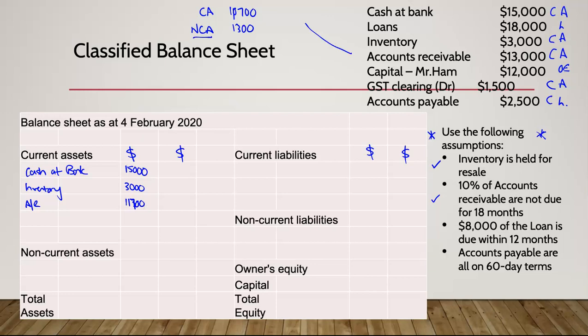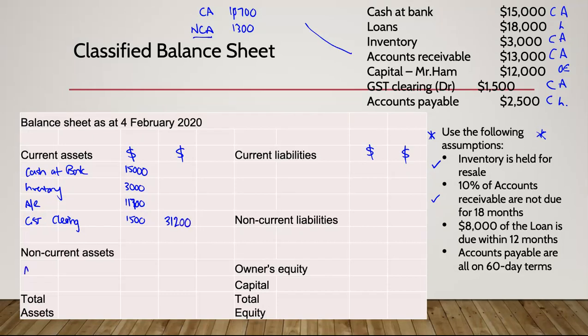And our GST clearing is $1,500. So if I add those up, it's now totaling 32,500. I'm going to take 1,300 from that, because it's non-current assets, and that means it is $31,200.